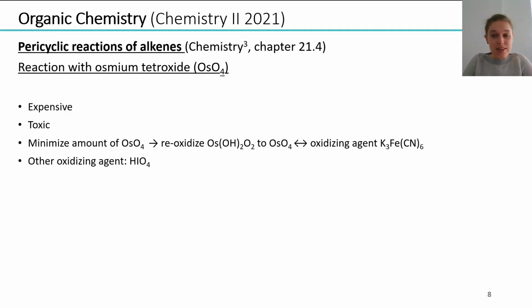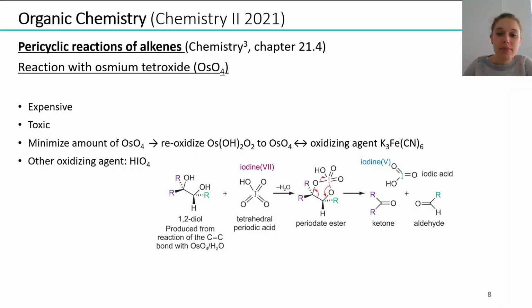So this means that we can minimize the amount of osmium tetroxide, but at the same time, our product will no longer be the desired 1,2-diol, but instead will be an aldehyde and or a ketone. And we will then also form iodic acid. Here you can see the reaction which can take place if we use periodic acid.